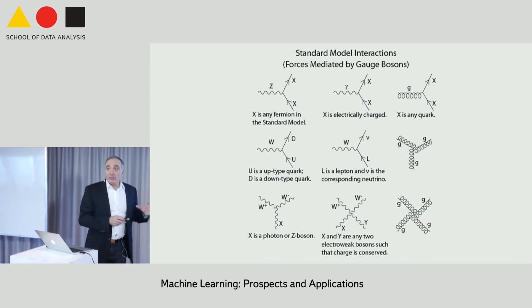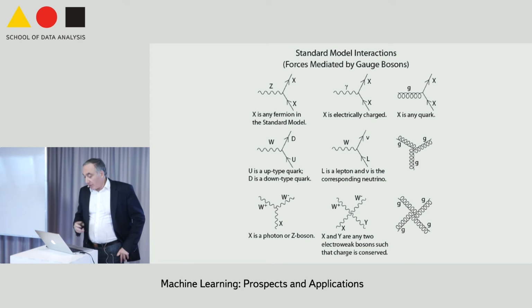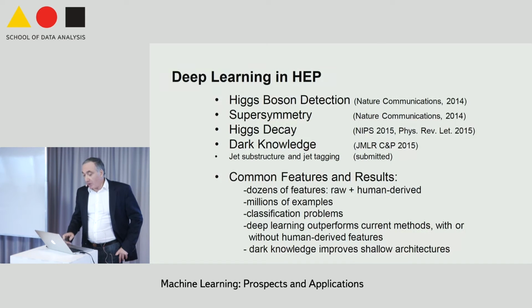Everything is probabilistic, it's not deterministic, so even if an exotic particle is produced in a collision, it happens very rarely, just a few collisions out of many billions. And you can use this knowledge, as you will see, to build simulated data or true data.